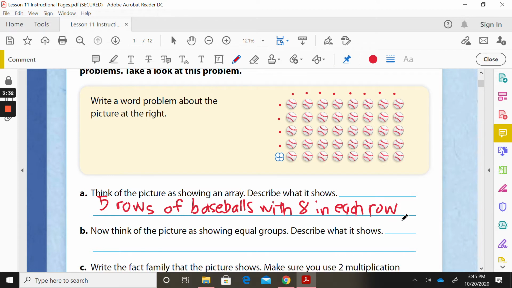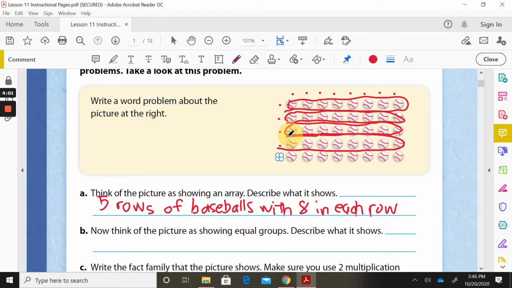B asks us to think of the picture as showing equal groups. Now we can make some groups from our picture, which we are going to do now. I'm going to circle each row, and that's going to become a group. You can do this on your page also if you would like. And I am making 5 groups of 8.